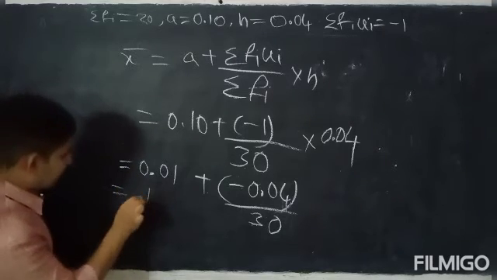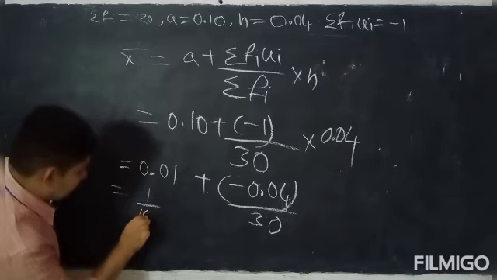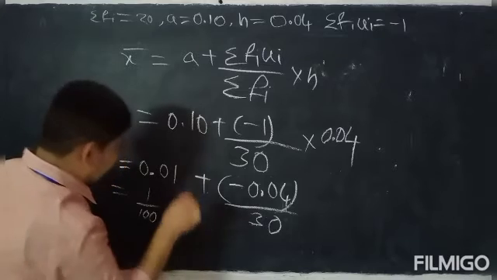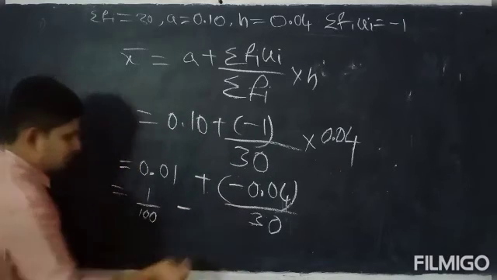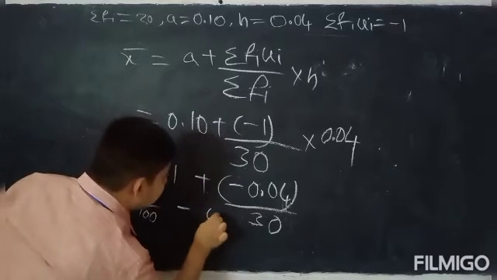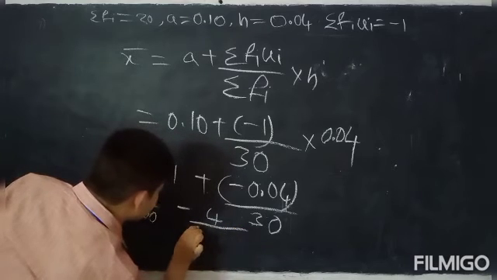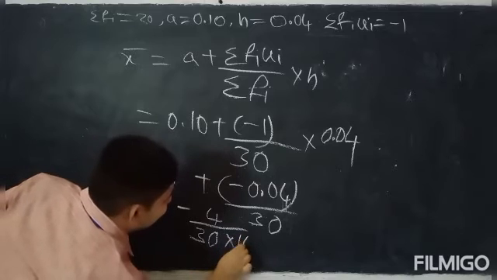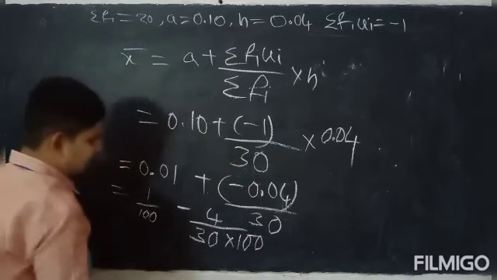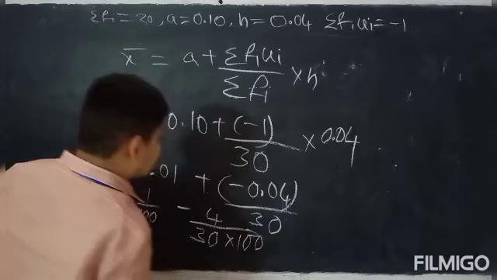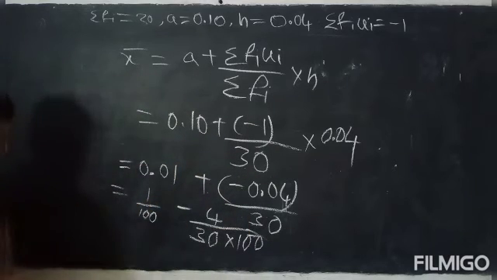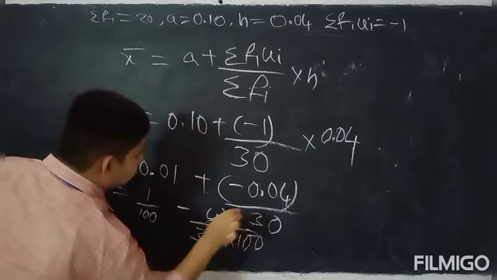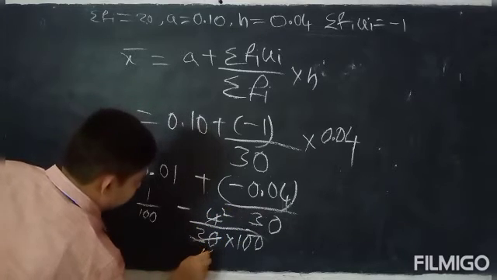Okay, now 0.01 can be 1/100. 1/100 minus 4/30 into 100. We are converting the decimal into fraction. Okay? Now 2 by 15.